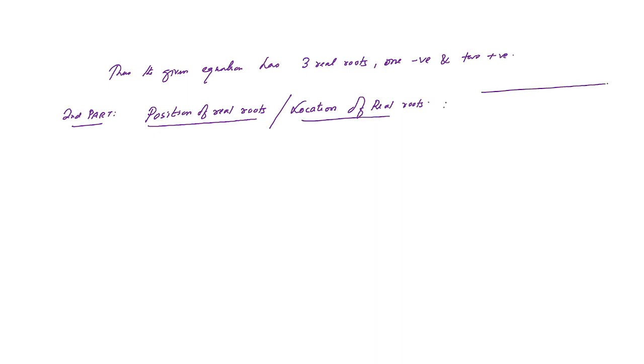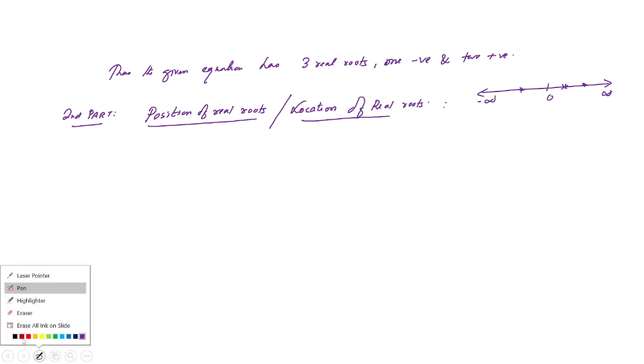Previously we observed the positive roots are 2 and the negative root is 1. But in which position they lie, we have not determined. We just determined positive and negative. But we have not determined the interval in which they lie, that we need to do here.